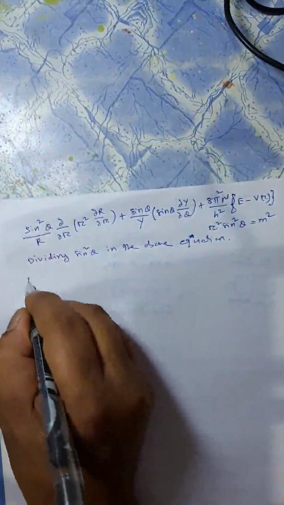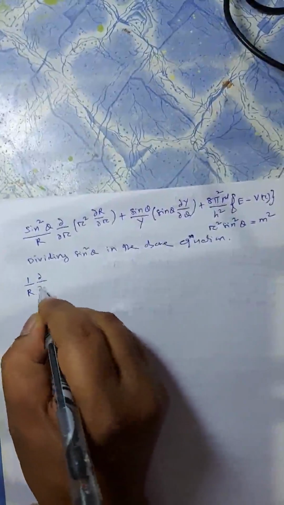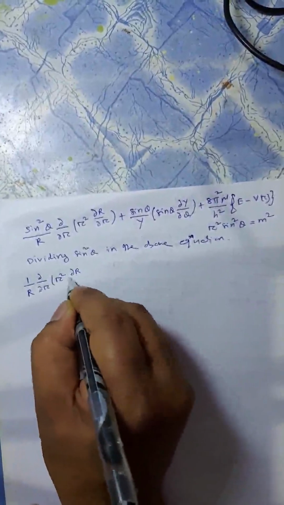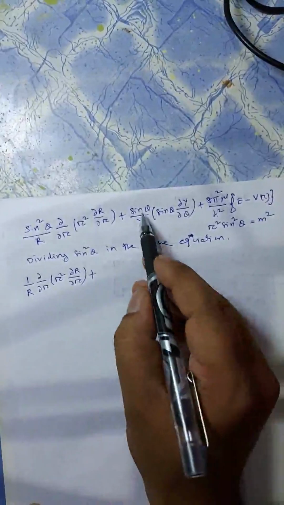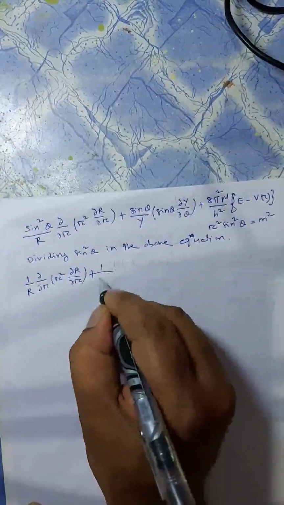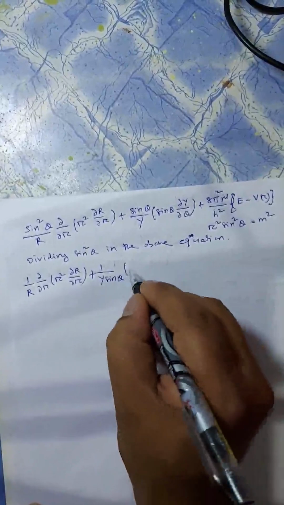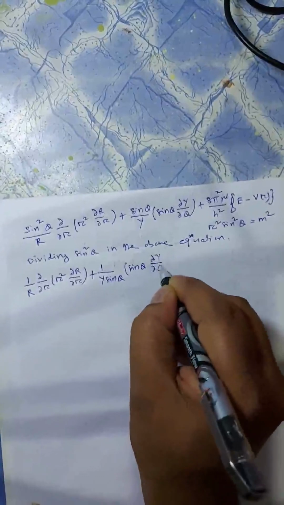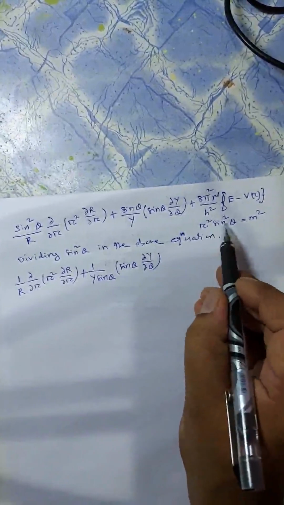Then what is remaining? 1 by R dou by dou r, r square dou R by dou r, plus if we divide by sine theta, one sine theta is cancelled, then what is remaining? 1 by Y, sine theta remaining in the bracket, sine theta dou Y by dou theta. Here we divide sine square theta, so this will be cancelled.